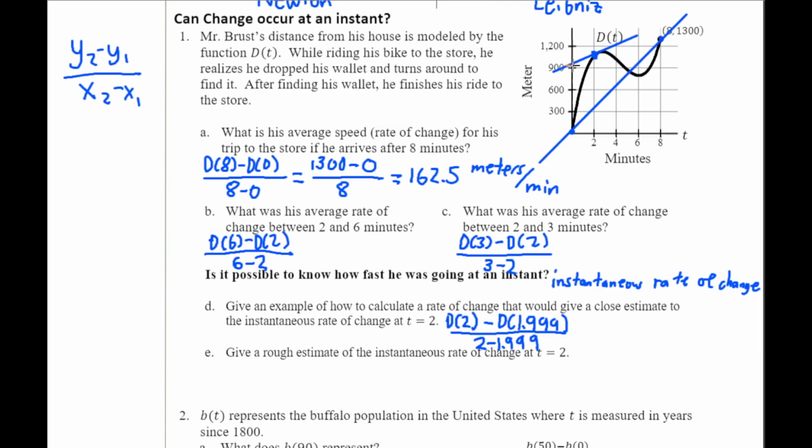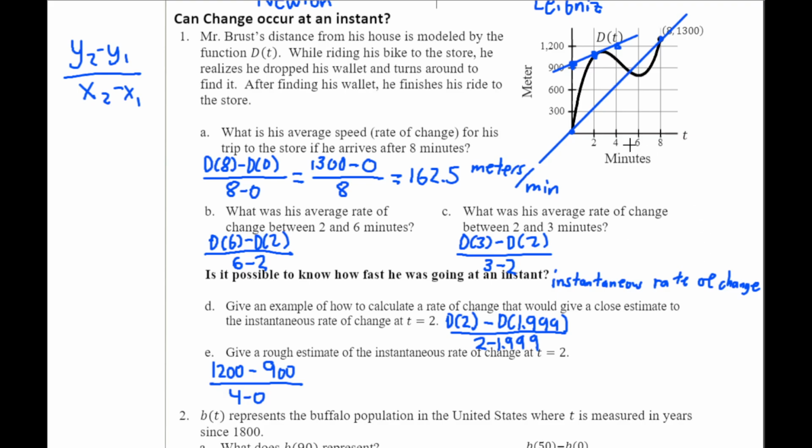We can take two rough points here. We can say when t is equal to 0, this is roughly 900. And then when t is equal to 4, we have 1200 here. And we can use these 2 points to estimate the slope, or the instantaneous rate of change at t equals 2. So here we do 1200 minus 900 over 4 minus 0.